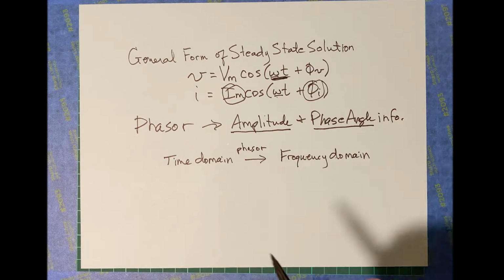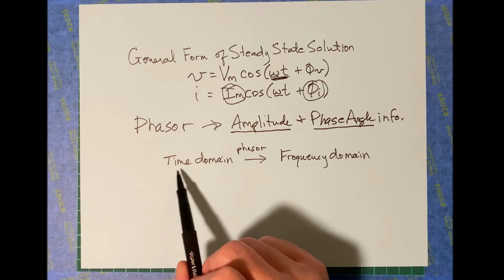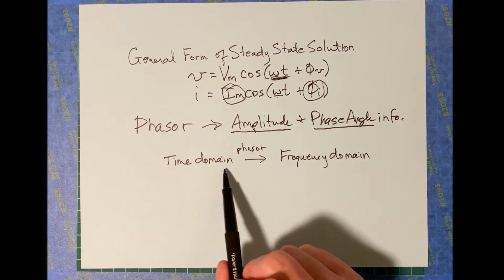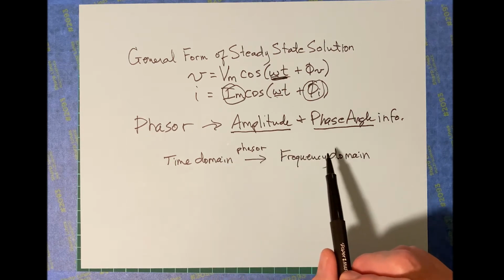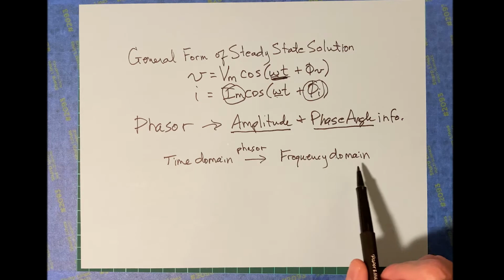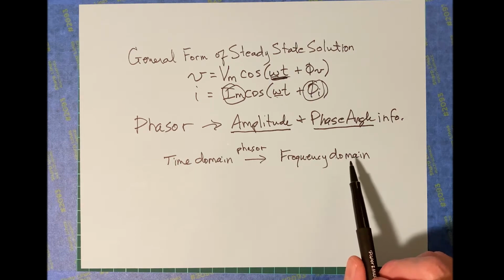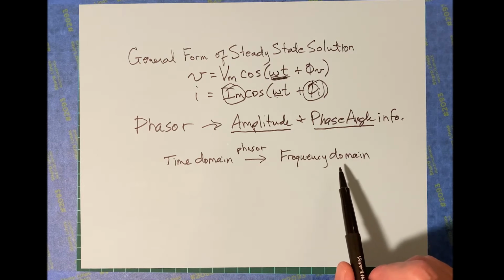So here's the general flow of what's going to happen here. We're going to look at circuits, and those circuits, in fact everything we've done up to this point, is in the time domain. We're going to use phasors to transform those circuits into the frequency domain. Now, once they're in the frequency domain, you're going to discover that everything that we have done so far in this class applies.